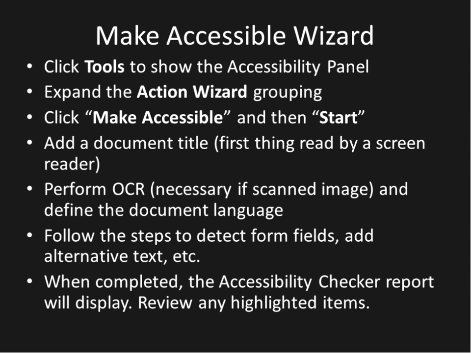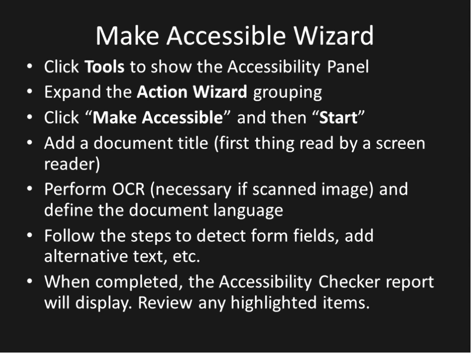There is in PDF an accessibility wizard. You go to the Tools menu, select Action Wizard, and then Make Accessible and click Start. Very similar to Microsoft Word, it will walk you through an evaluation of that document, add accessibility information, prompt you for important accessibility information, such as alternative text for images, and it will generate a report and give you feedback about accessibility.